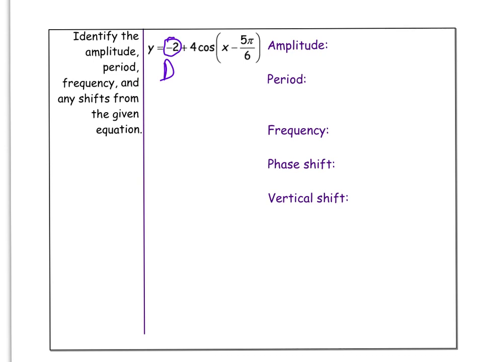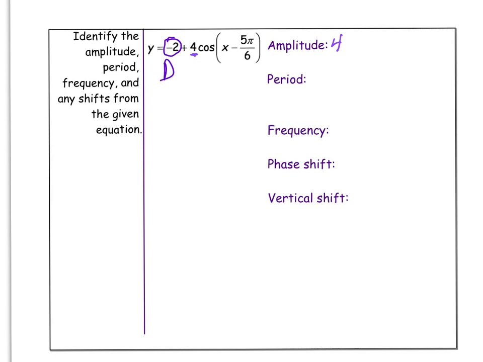That's okay. Amplitude is still the number with cosine or sine, so my amplitude here is 4. Amplitude is not the first number, it's the number that's multiplied with sine or cosine.